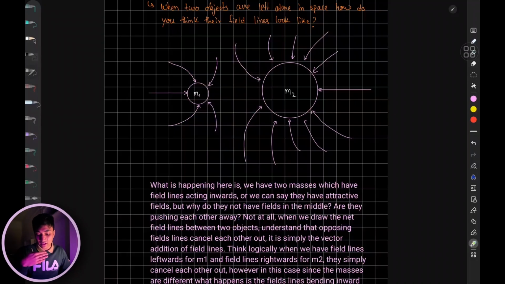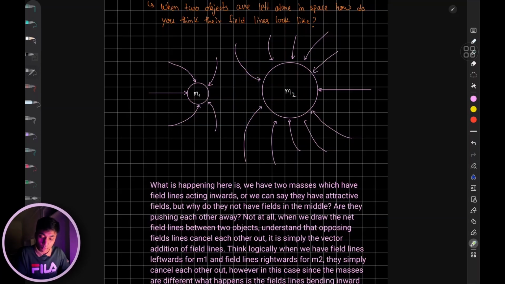Now that is done intentionally to tell you something: mass affects the power or the nature of these field lines. m2 being a higher mass has a higher strength near this area.